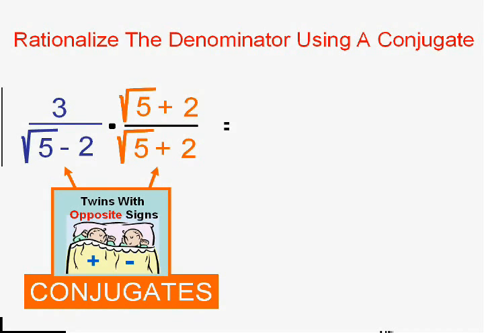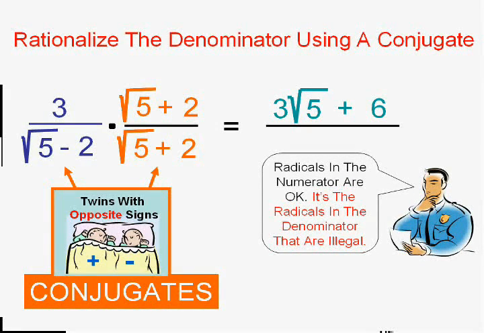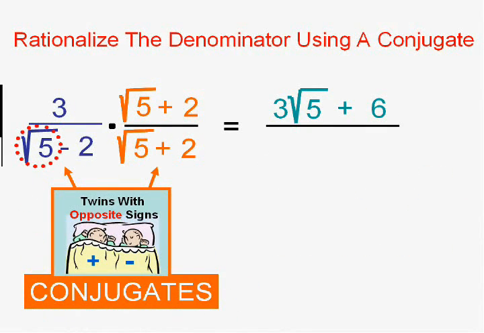Well, watch. Let me multiply and distribute the top. I'll get 3 radical 5 plus 6. That's easy. In the bottom, I'm allowed to have radicals in the top. It's the bottom that I have to get the radicals out of. So, let's do the first term times both of them. That'll give me a radical 25, which is a 5. That cleans it up.